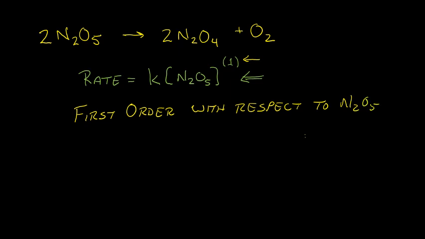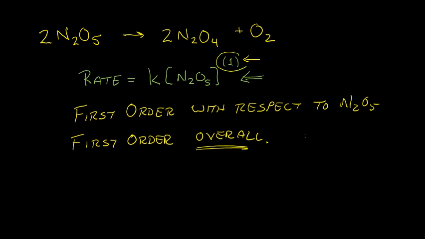And we also say that this reaction is first order overall. Right? The overall reaction order is the sum of the reaction orders for all of the species involved. And since this one only has one species, the overall reaction order is the same as the reaction order with respect to N2O5. Okay, all right, let's take a look at another one.